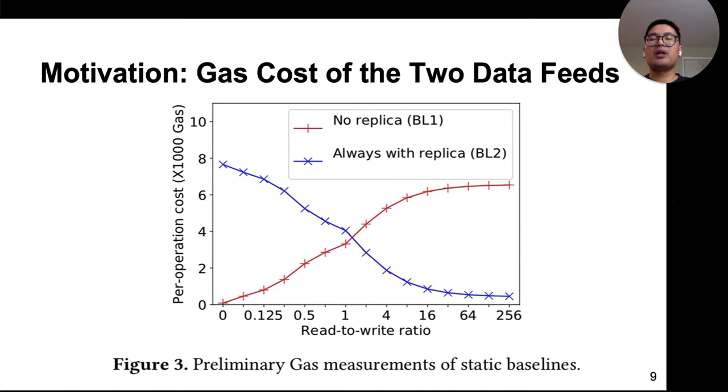We did a preliminary measurement to show the trade-off between the two baselines. In the figure on the left-hand side, the workload is write-intensive, and we can see that baseline 1 is much cheaper than baseline 2. On the right-hand side, the workload becomes read-intensive, then baseline 2 is much cheaper than baseline 1.